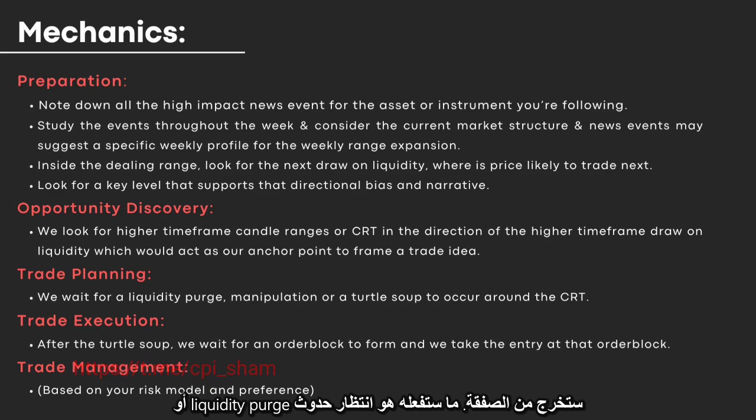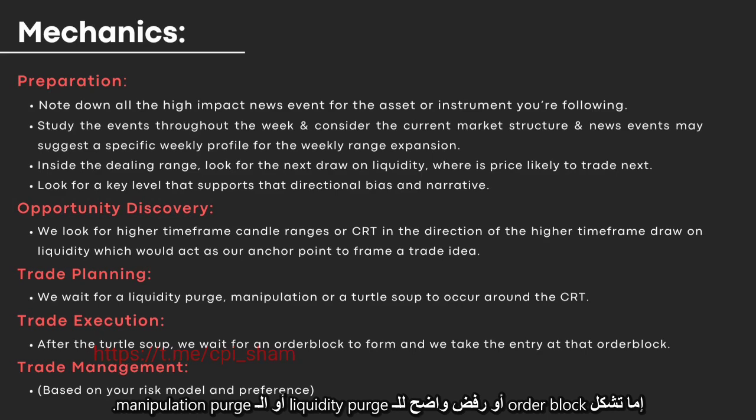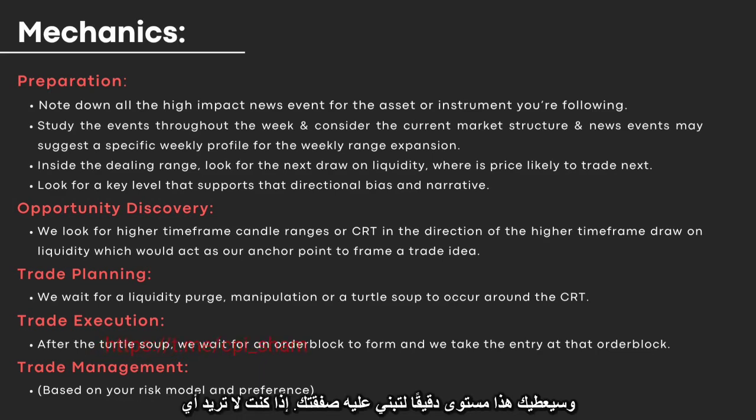What you're going to do is wait for a liquidity purge or a manipulation profile to happen, and after that you're going to look for a confirmation in the form of either an order block forming or a clean rejection after a liquidity purge or the manipulation purge, and this will give you a precise level to base your trade on, right?